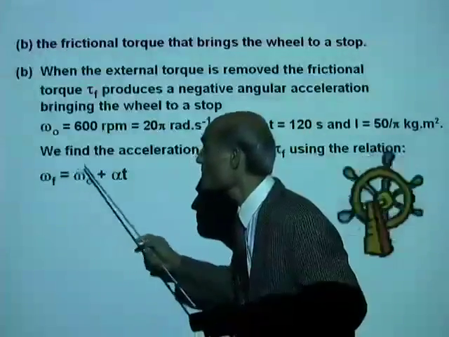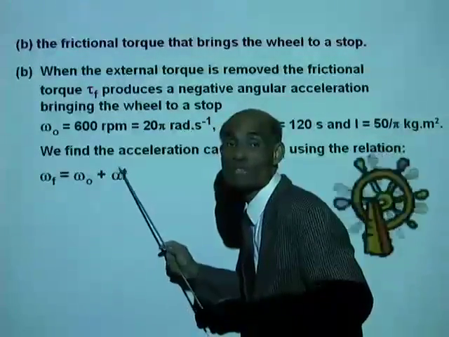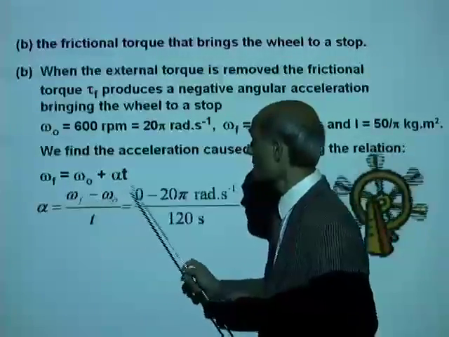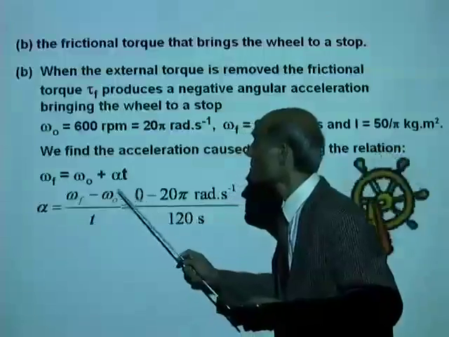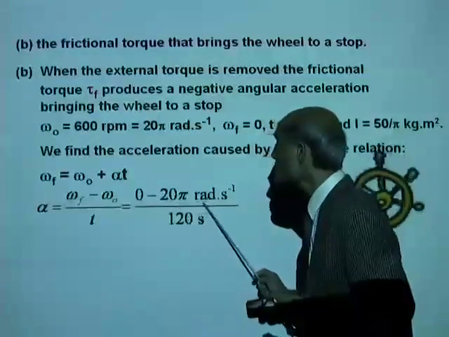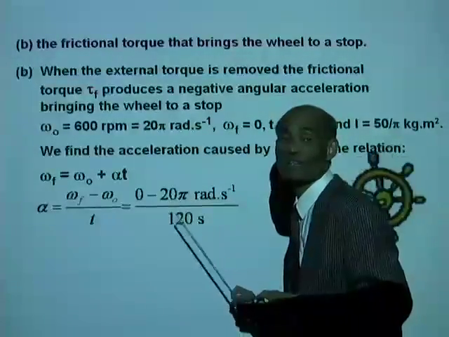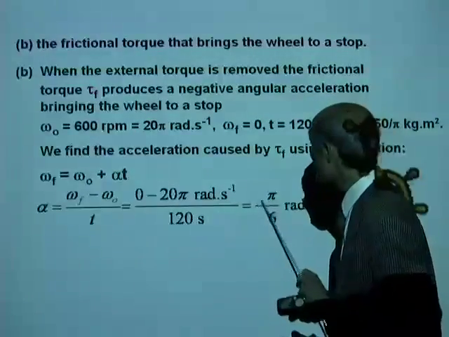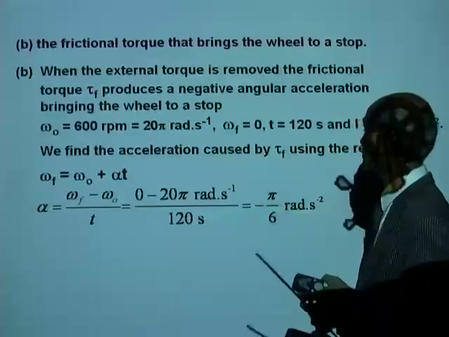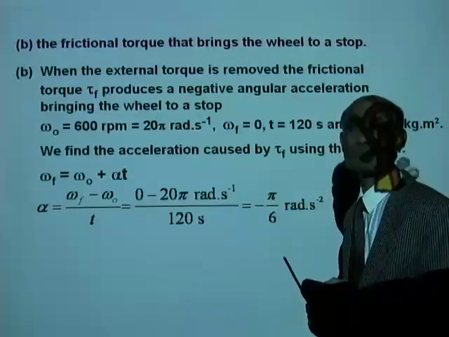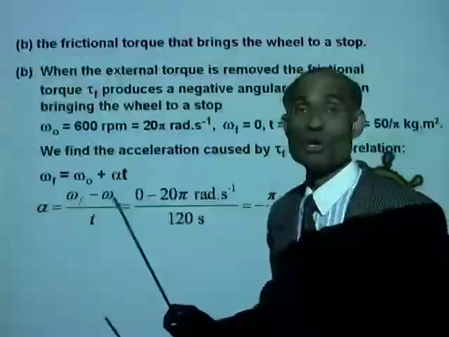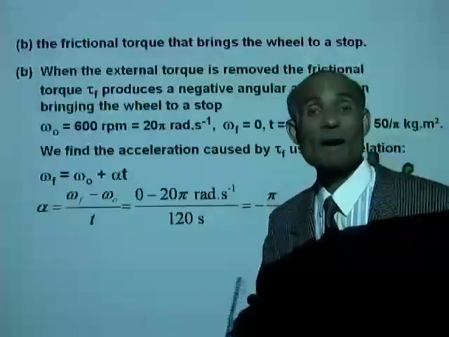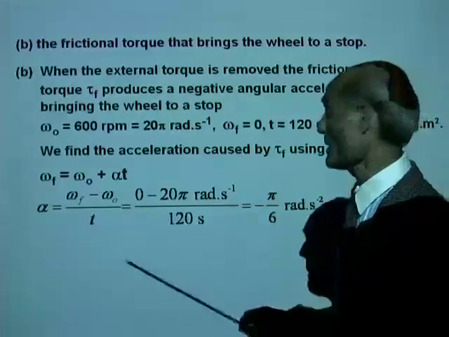We know omega f, omega 0, and t, therefore we solve for alpha: omega f equal to 0 minus omega 0, 20 pi radian per second, divided by 120 seconds. That is negative pi over 6 radian per second squared. So the frictional torque produces a negative acceleration of negative pi over 6 radian per second squared.